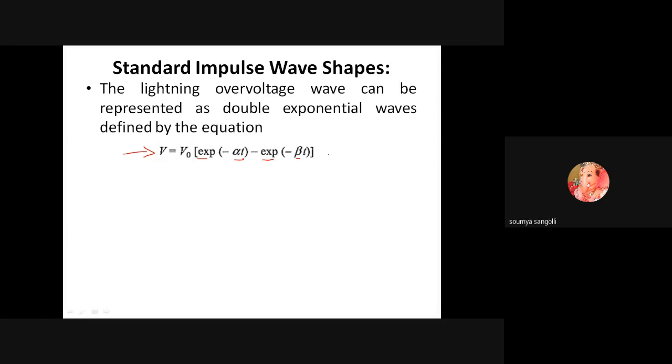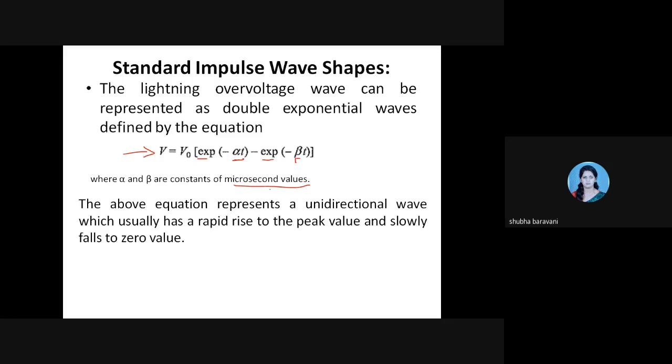Now see, where alpha and beta are constants of microsecond values. So the above equation represents a unidirectional wave. As said by Ashwini, this is a unidirectional wave which usually has a rapid rise to peak value.